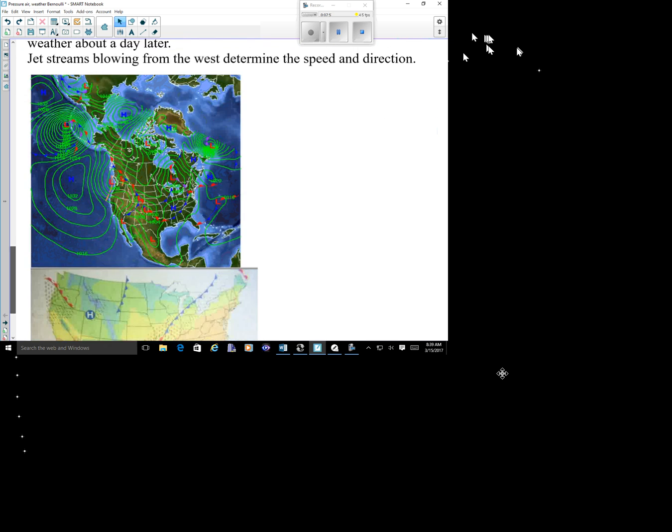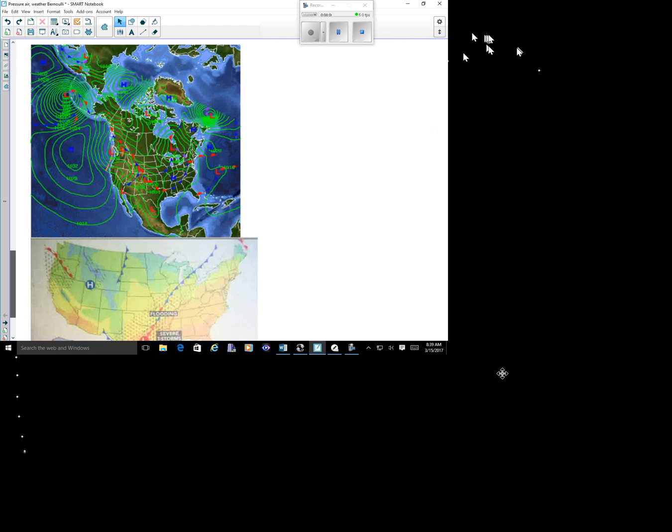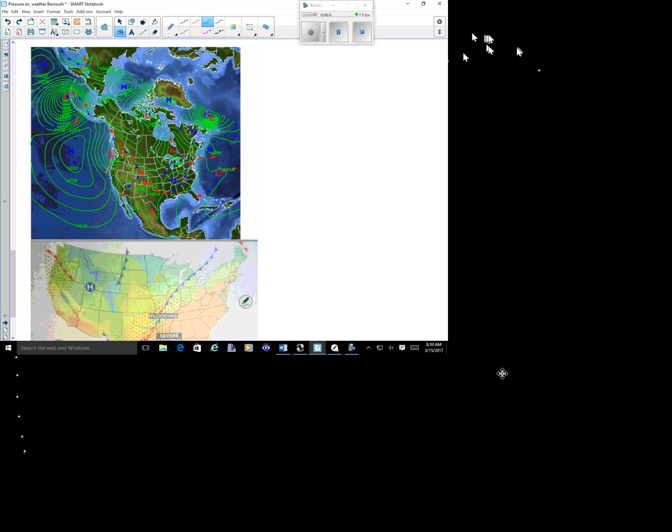Here is a big map with a bunch of lines on it. These lines are called isobars. And what these green lines do is connect areas of similar pressure. So all those lines that are connected there have equal pressure.